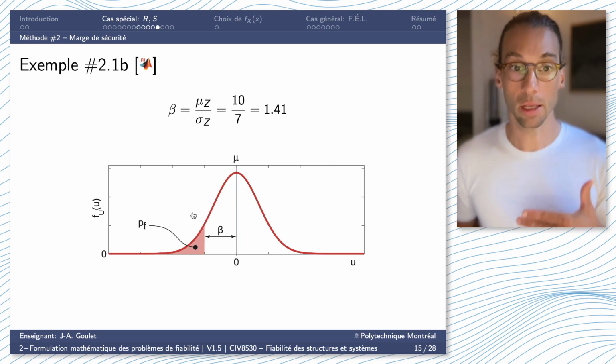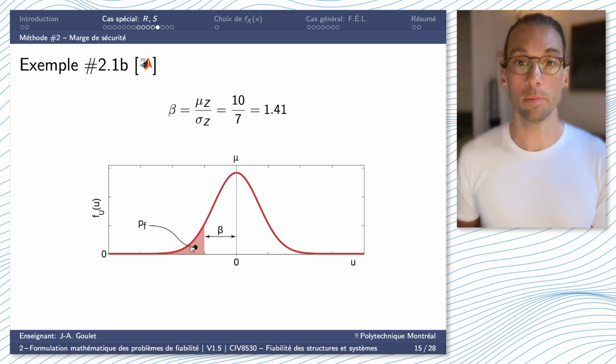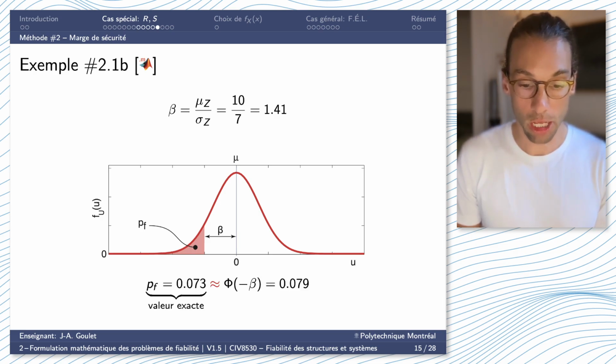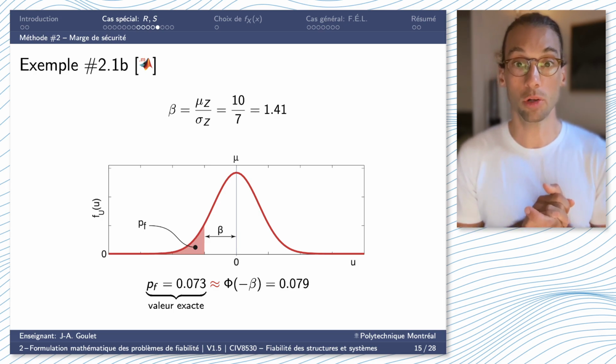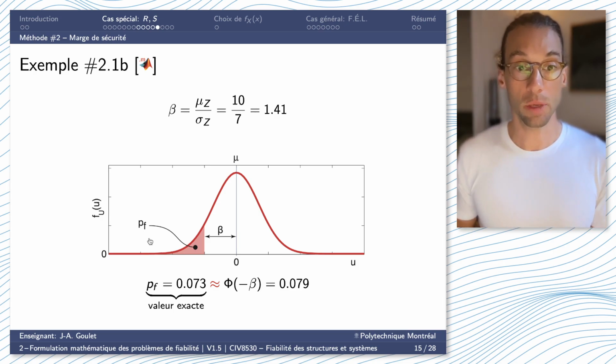So it means that our failure region is 1.41 units away from my origin. If I want to evaluate numerically what pf is, it is the normal CDF of minus 1.41, which gives me 0.079.